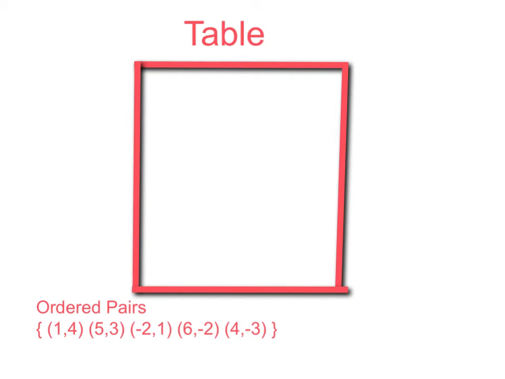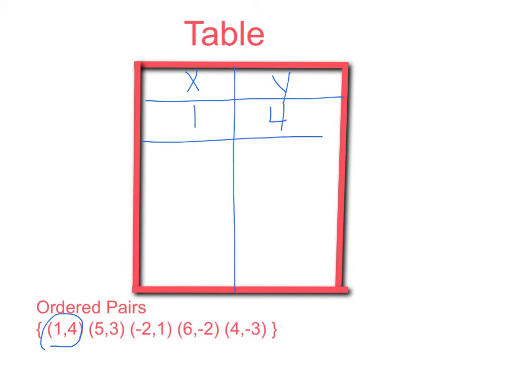Now we're going to take our relation, our set of ordered pairs, and put them into a table of x's and y's. So you're just going to split your table up, make it x and y, and you're just going to write your ordered pairs together. Now make sure they stay together. So the first ordered pair would be 1, 4. The x is 1, the y is 4. Then I have 5, 3.